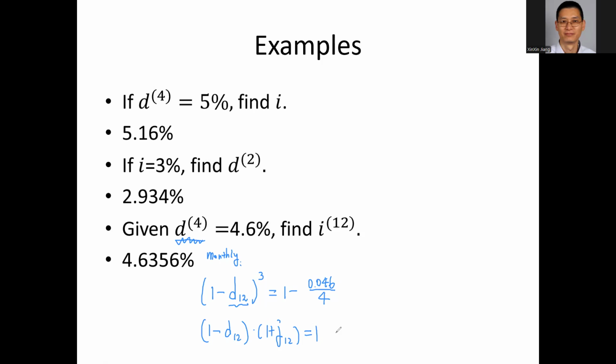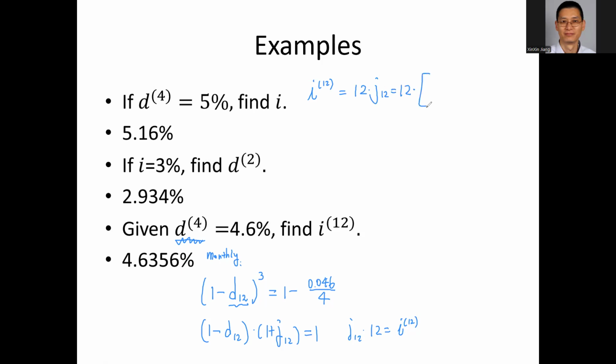And you get this equation, you would be able to solve for J12, and J12 times 12 will give you the nominal rate. Okay. Let me see if I can put them together. That equals 12 times J12.